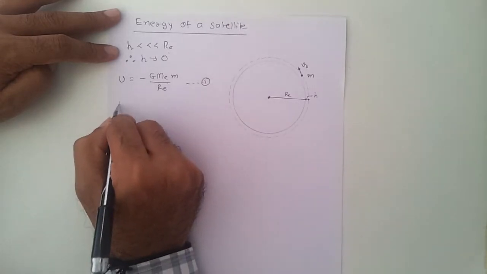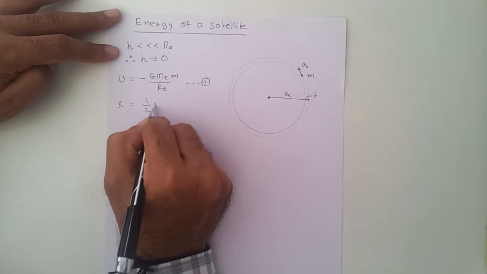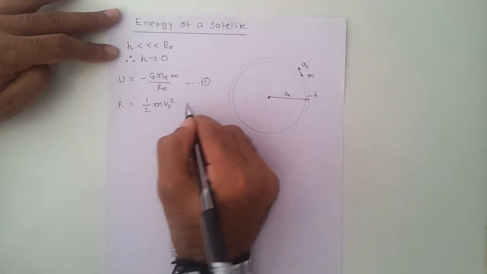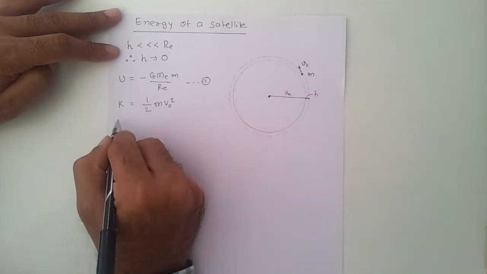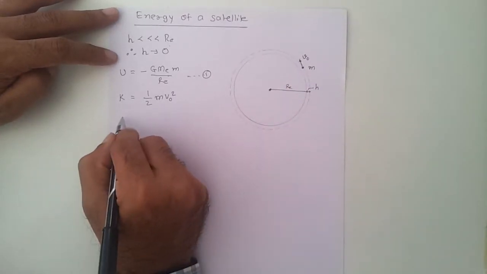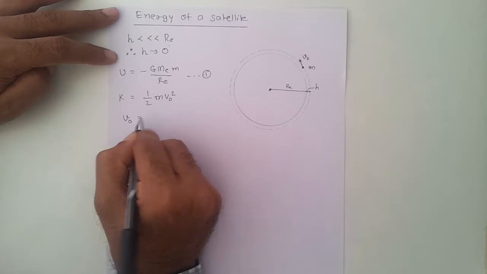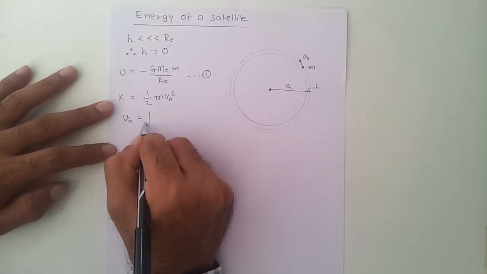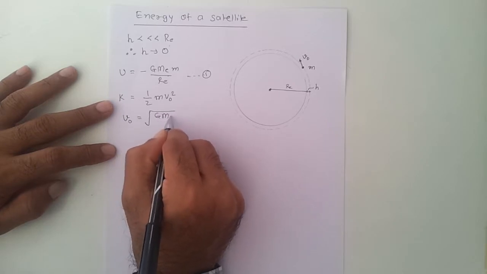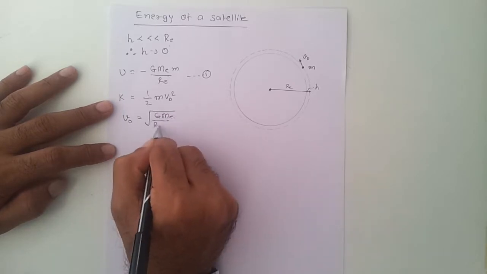As far as kinetic energy is concerned, kinetic energy will be half m v0 square, right? Mass of the satellite and speed of the satellite v0. In an earlier derivation, we saw that the equation for orbital velocity is square root of G Me upon RE plus h.